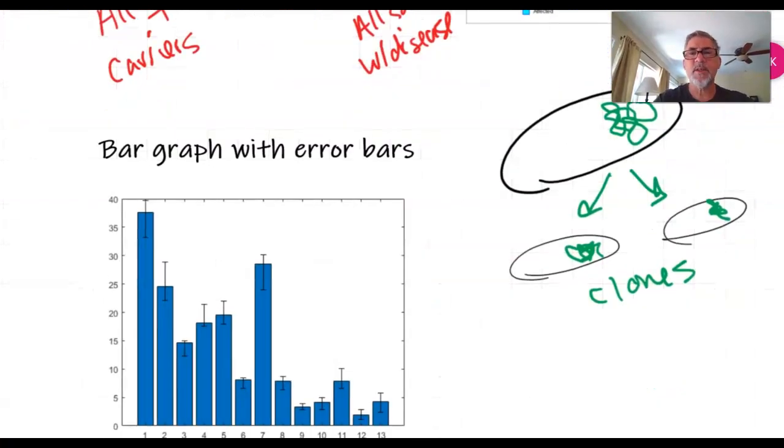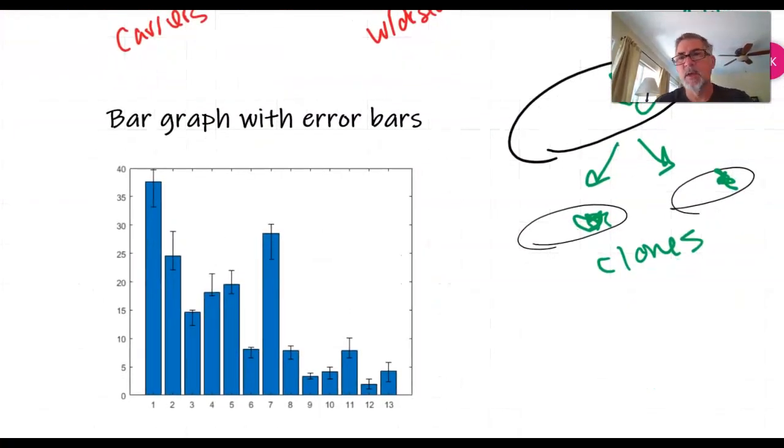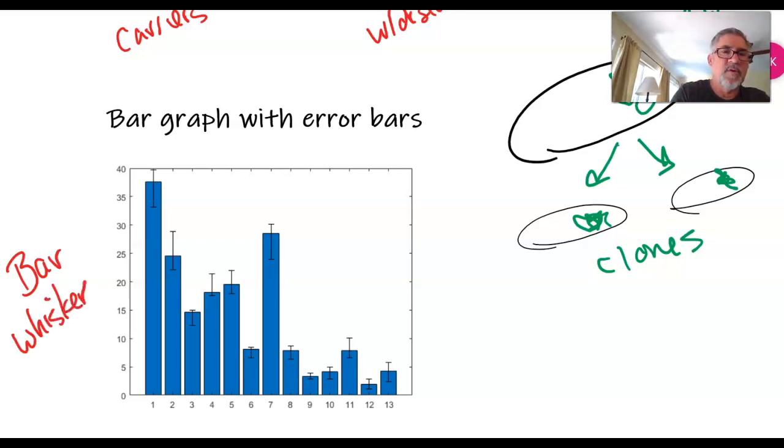All right, last thing I need to tell you about really quickly. You'll be asked to draw a graph with error bars. So there's a type of bar graph called a bar whisker. And these whiskers are what they call standard errors, or what we call standard deviations.